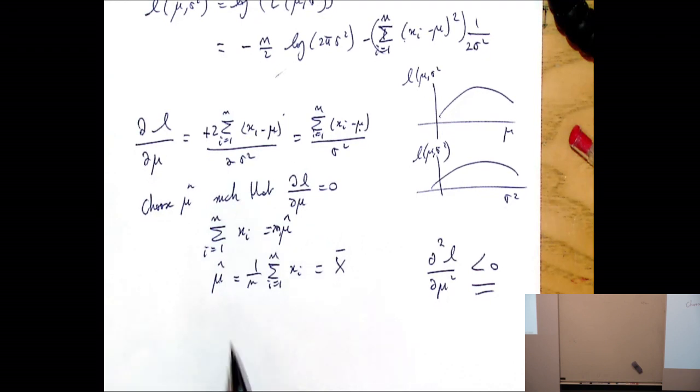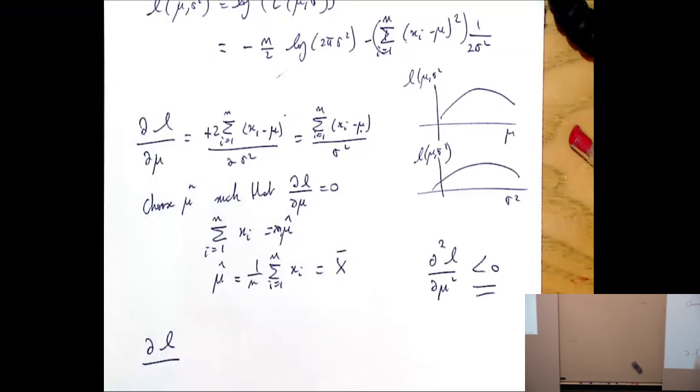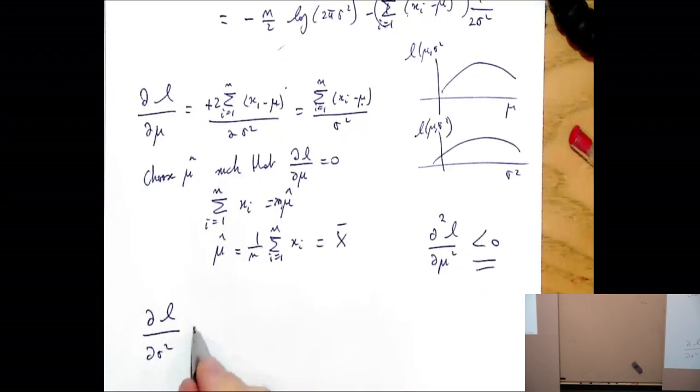Right, so second, what if we want to find the estimator of sigma hat? What we can do is take the derivative, but now with respect to sigma square. And what do we get here?